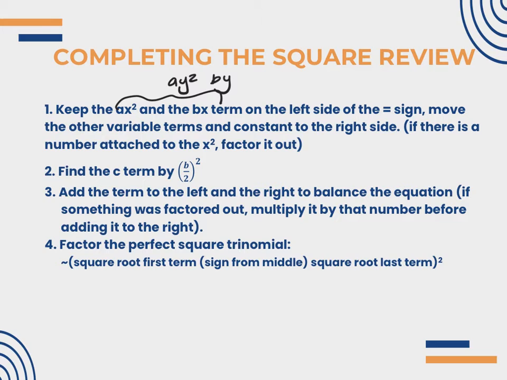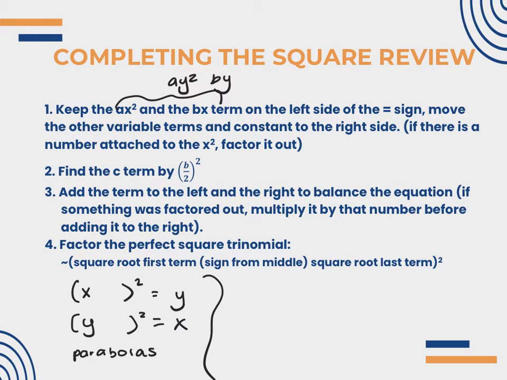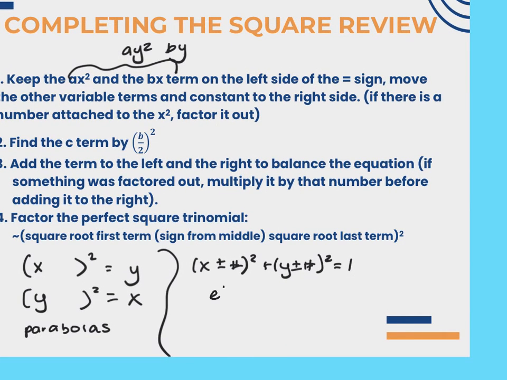So what will happen here is you'll end up, like I said, with either just an x squared term, and the y would be on the other side, or 1 y squared, and the x would be on the other side, and those would be parabolas. Or you'll end up with an x plus or minus a number squared plus y plus or minus a number squared, and that's going to be an ellipse.